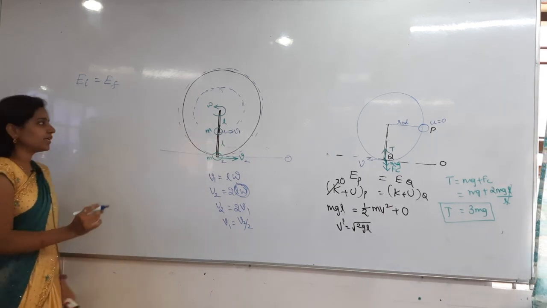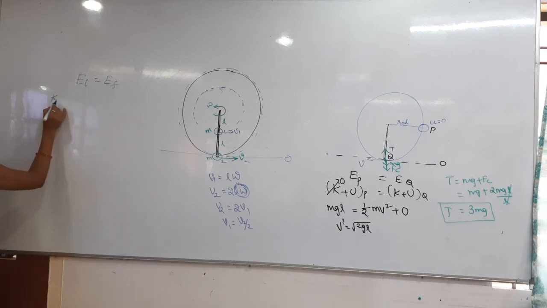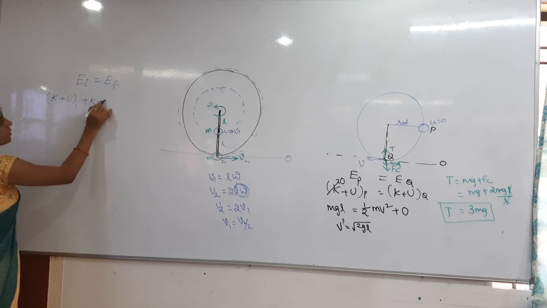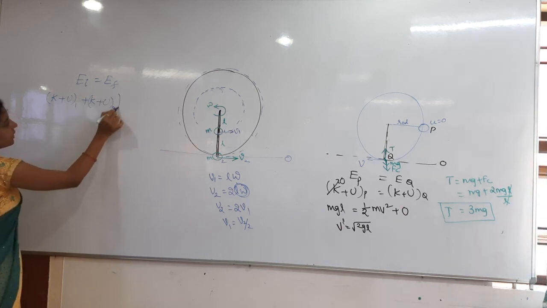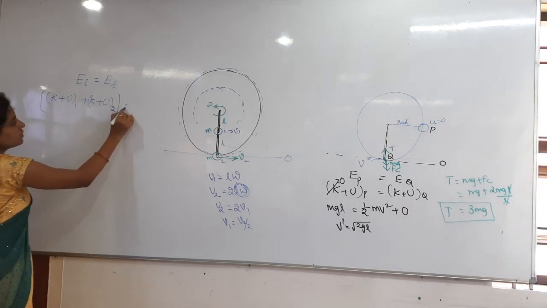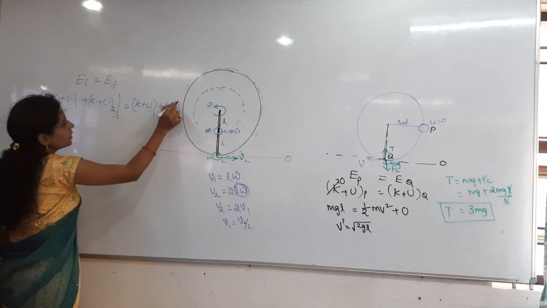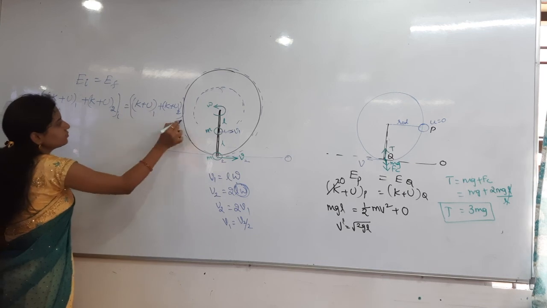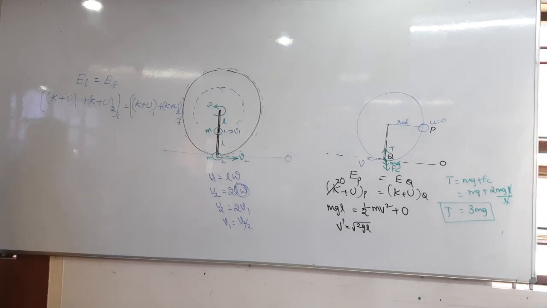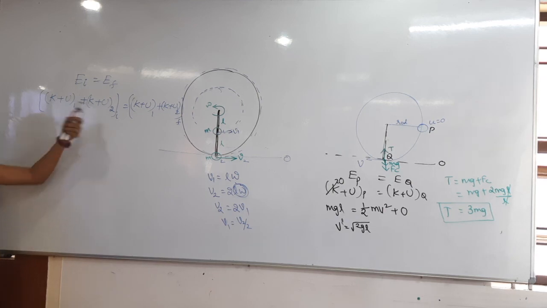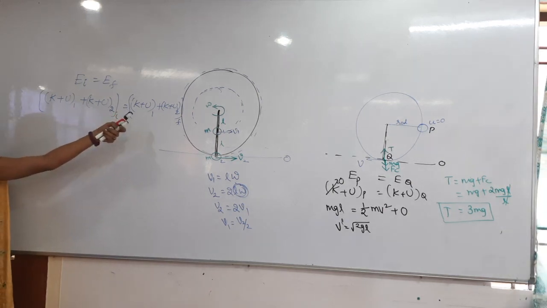Both are having the kinetic energies. So what I have to write is K plus U for the first body plus K plus U for the second particle initially is equal to K plus U for the first particle and then K plus U for the second particle finally. You understand the equation what I have written? Two particles are there, automatically two energies will be there. Initially 2 kinetic energies, 2 potential energies, finally also the same thing.